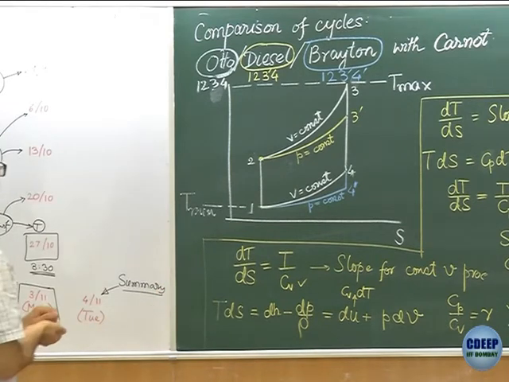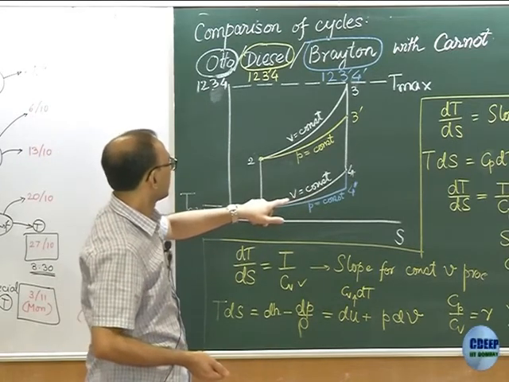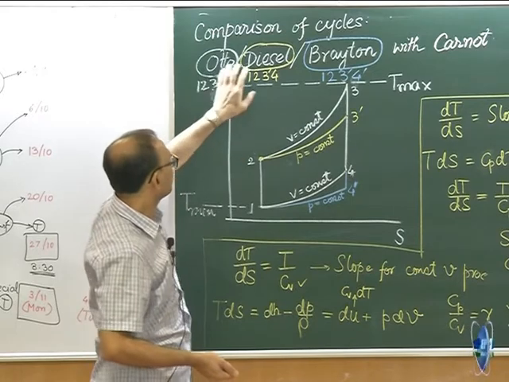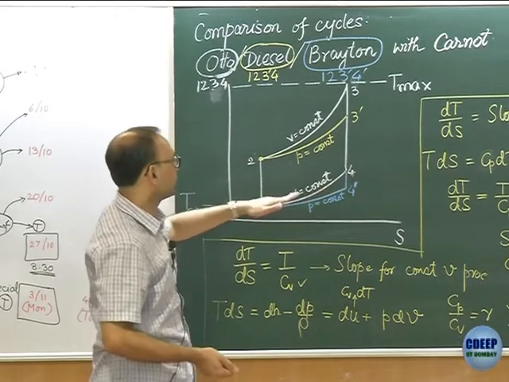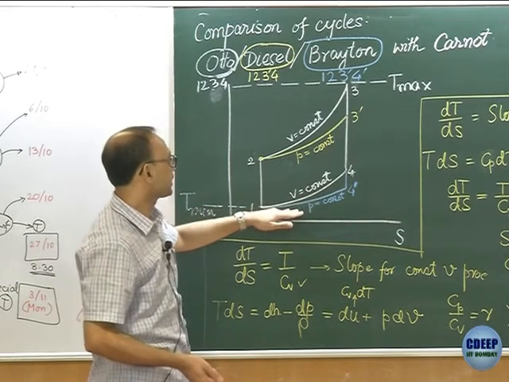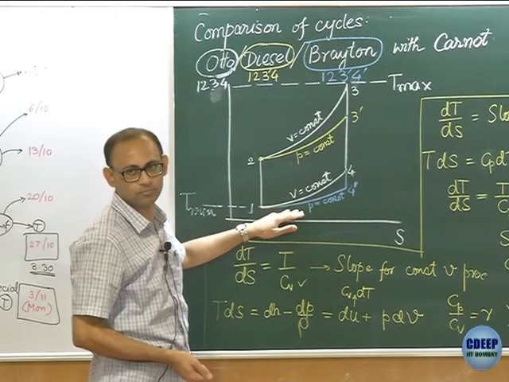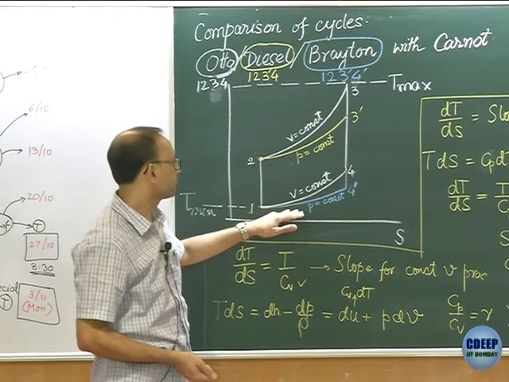So heat rejection part, at least you can compare very easily here to say that both Otto and diesel cycles follow the white line. They will reject more heat than the Brayton cycle, which is at constant pressure. Rejecting more heat means less work output, right?